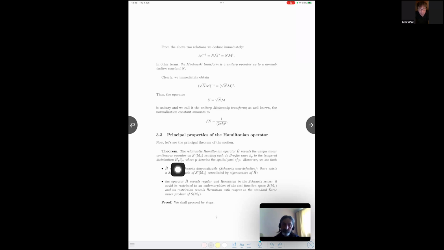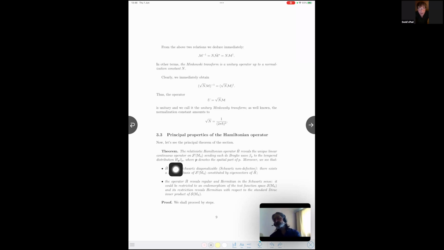In other terms, we are saying simply that beta p is a proper eigenvector of the operator H hat, and the corresponding eigenvalue is Hp, the function h calculated at p.